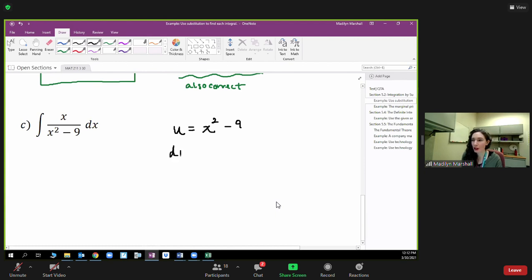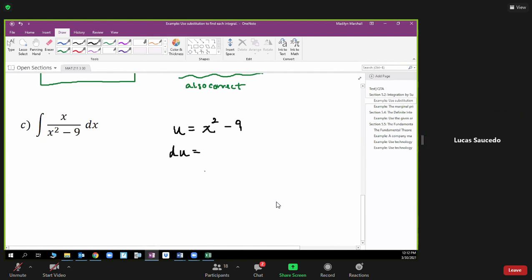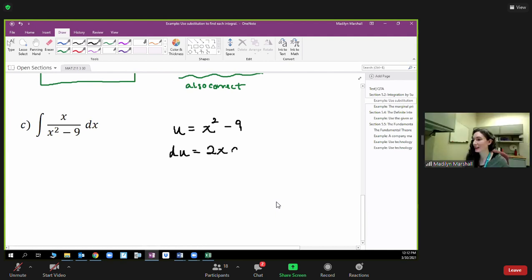So if we choose u equals x squared minus 9, we should always check to make sure our du is also going to work. So du comes from u. u is x squared minus 9, so what is du? 2x dx. Exactly. 2x dx.